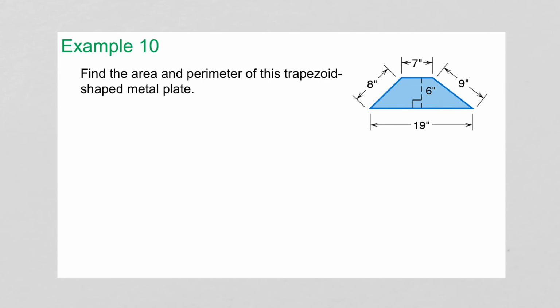So find the area and the perimeter of this trapezoid-shaped metal plate. The area, I'm going to use the formula h over 2 times b sub 1 plus b sub 2. So the height is 6. And the bases are 7 inches and 19 inches.